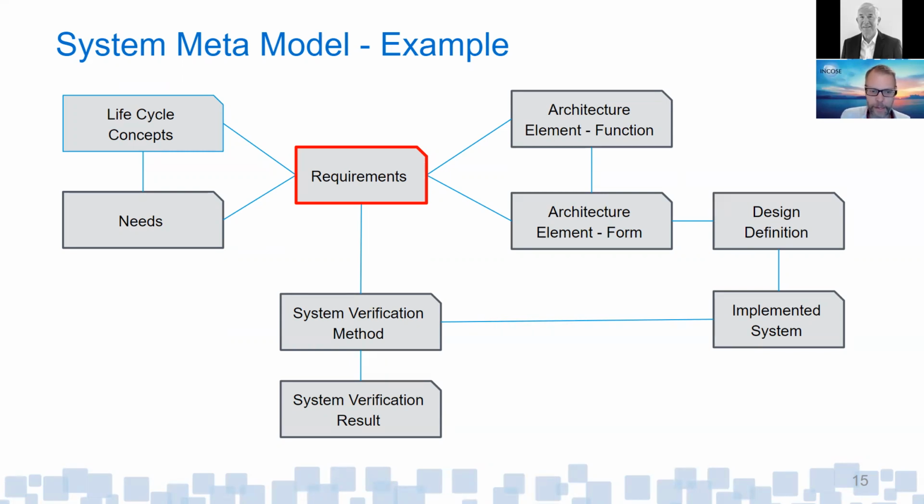We have the requirement connecting to needs, maybe to lifecycle concepts and usage scenarios, connecting to verification methods, and on the architecture model side, on the right-hand side here, we see connections to functions, if it's a functional requirement, and also form elements. So we need this meta model defined in order to start using these trace links to our benefit in the analysis.